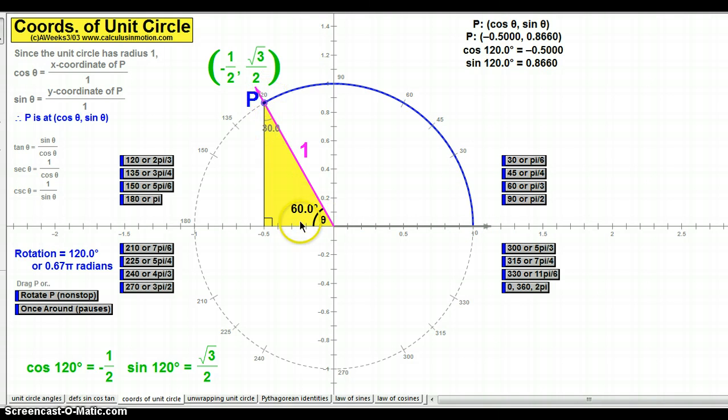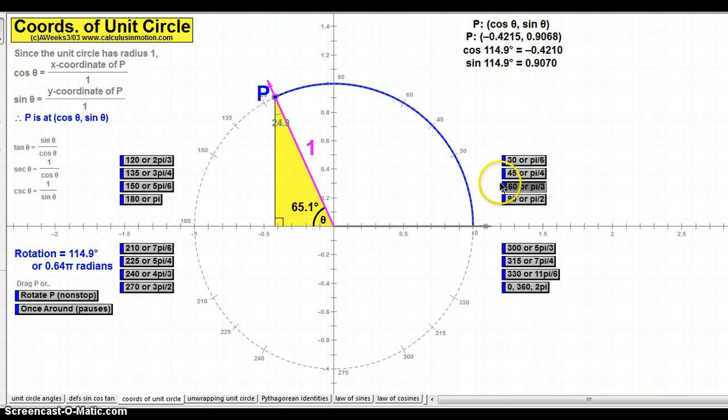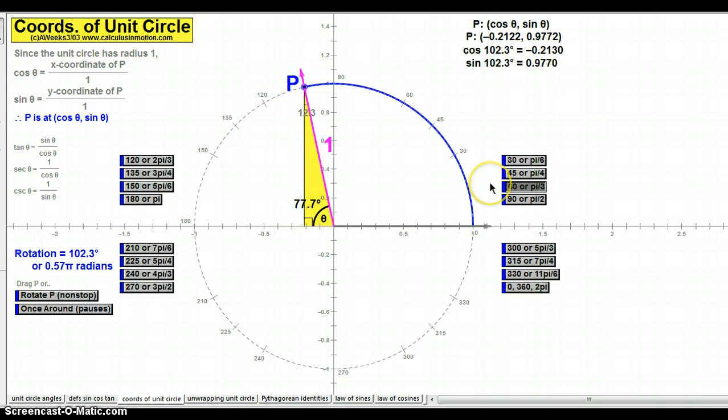But the reference angle is 60, which means that my sine and cosine values are still the same, except since we're in the second quadrant, my cosine has now turned into a negative. So if I look at 60 degrees in the first quadrant, you will notice that the sine and cosine values are the same values. However, one is negative, one is positive.